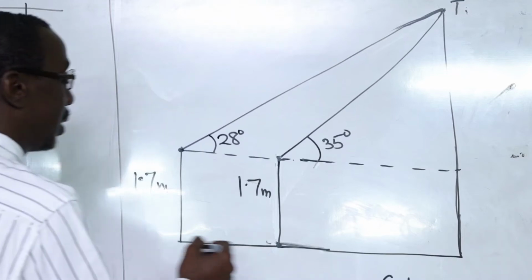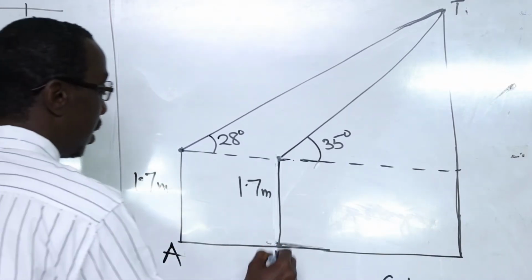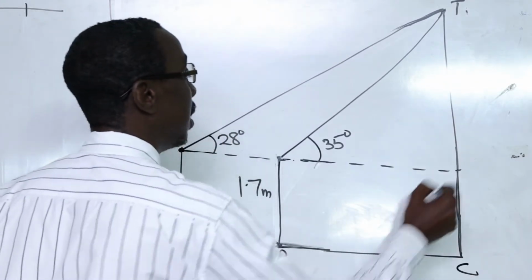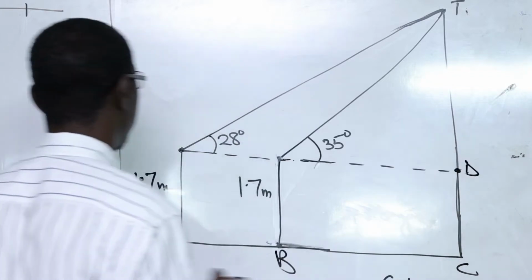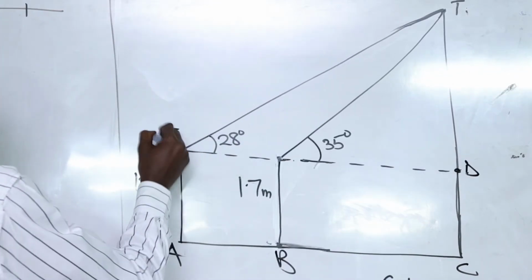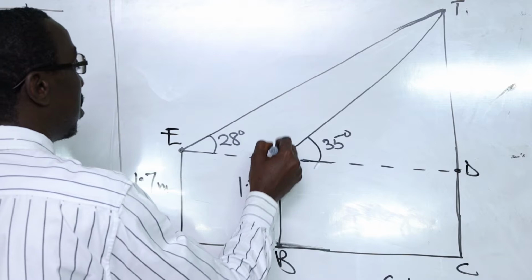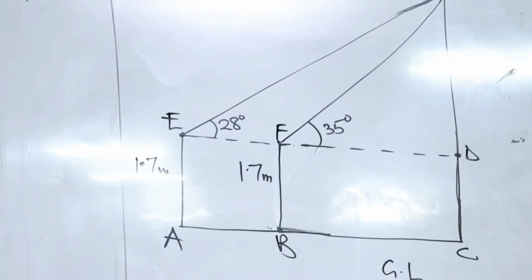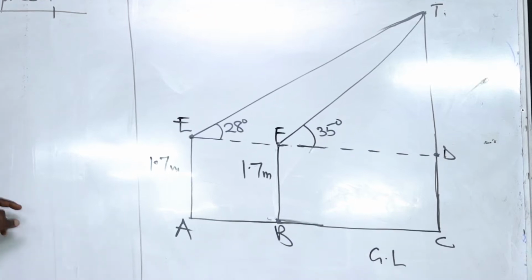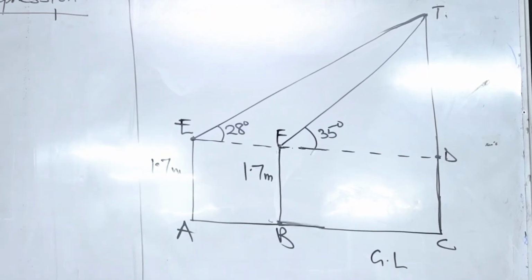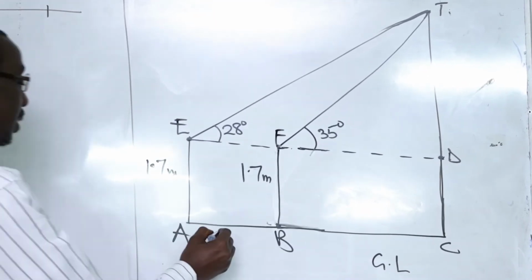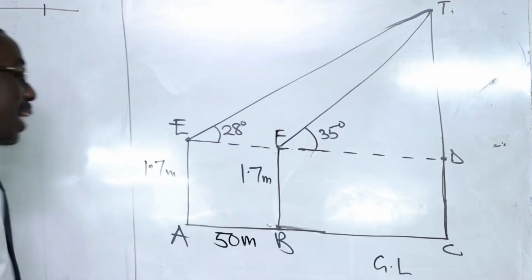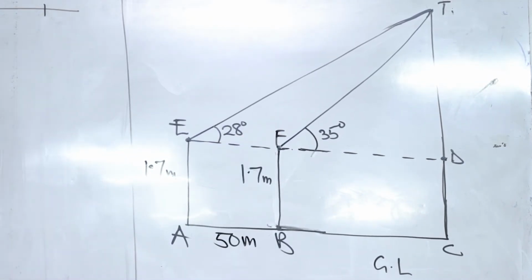Can I quickly put letters here? If this is A, B, C. Let's call this place D. Let's call this place E. Maybe I can just call this place F. I like putting letters in my diagram so that I can manage the diagram very well. This is 50. It has moved 50 meters away.